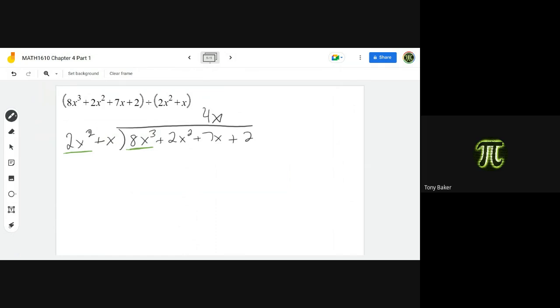So 4x times 2x squared should give you 8x to the third. If it doesn't, you made a mistake. 4x times x is 4x squared. Change my signs. Subtract that.